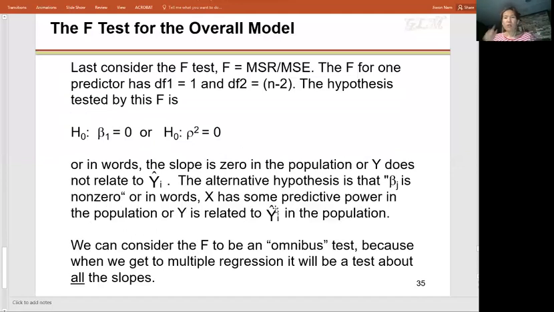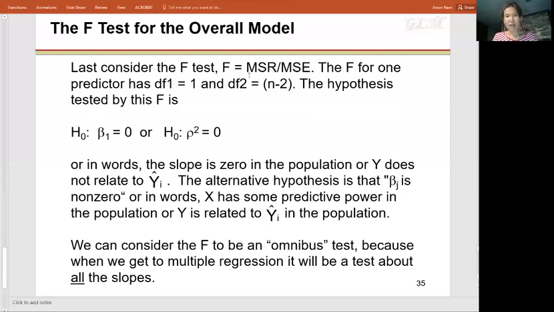So now another formula. Yeah, I know this isn't that fun. A lot of formulas without knowing the whole process. We just have to accept them. But think about it, if I asked you to prove this formula, the application is much easier, right? Anyway, F equals MSR over MSE.